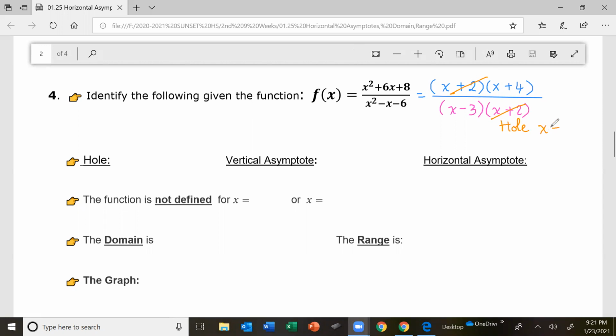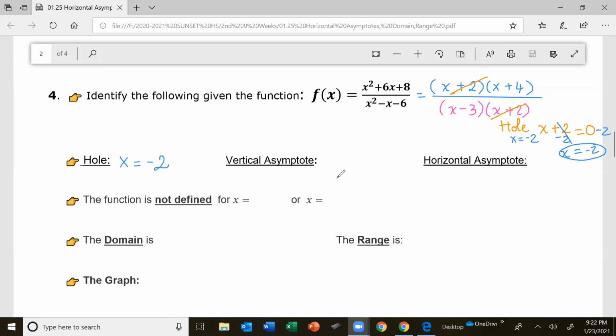So we put x plus 2, set the factor equal to 0 and solve for x, okay? All you have to do is subtract the 2 because the 2 is being added to x. So we subtract 2 from both sides and we have x equals negative 2. So that's the hole, okay? x equals negative 2.